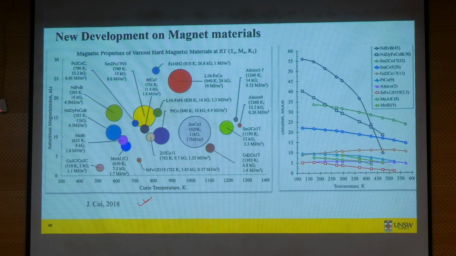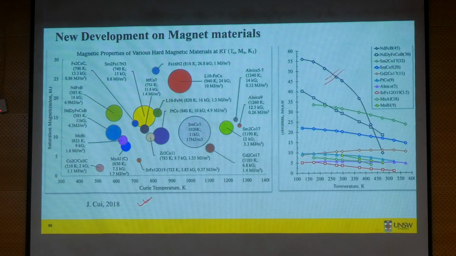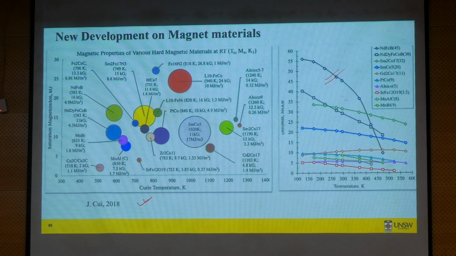But if we compare their BH energy density and their performance in temperature, none of them is yet able to compete with neodymium. Neodymium is here, the rest is there, but they may be better than ferrite at least.